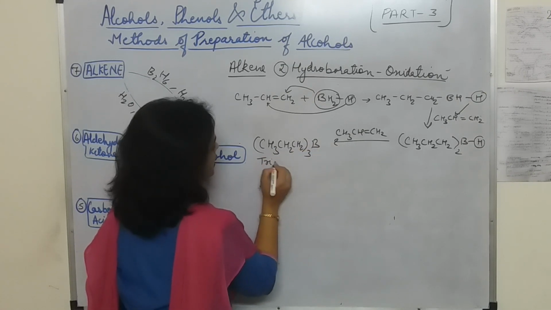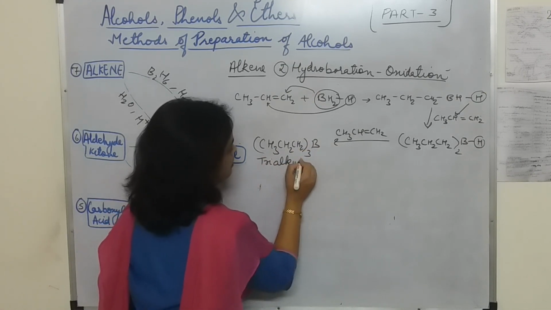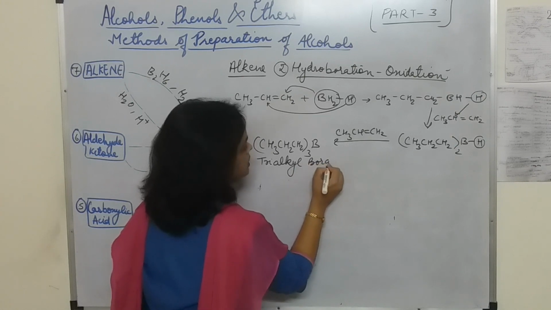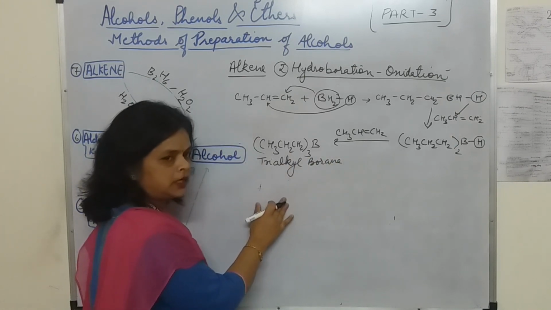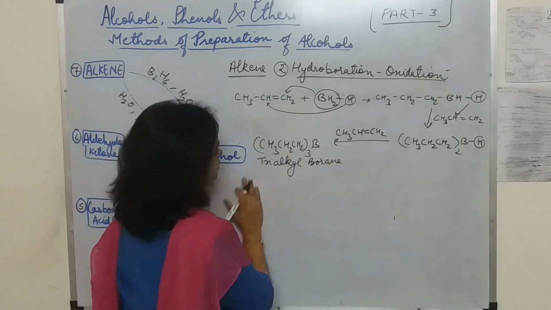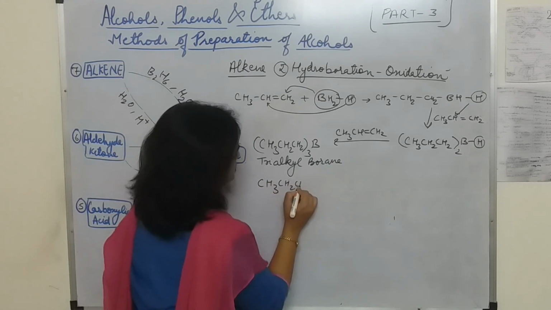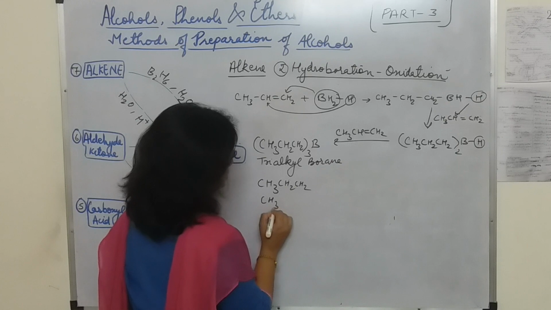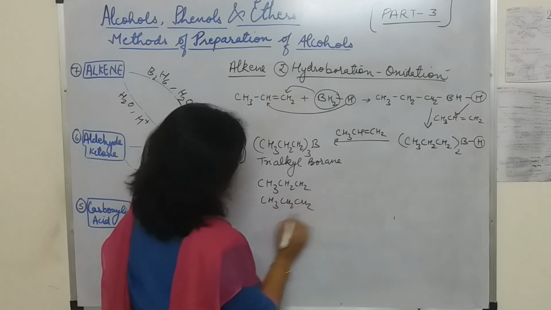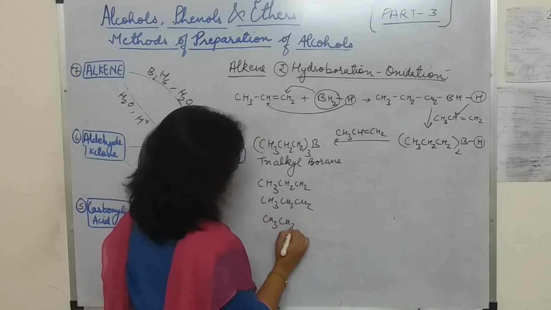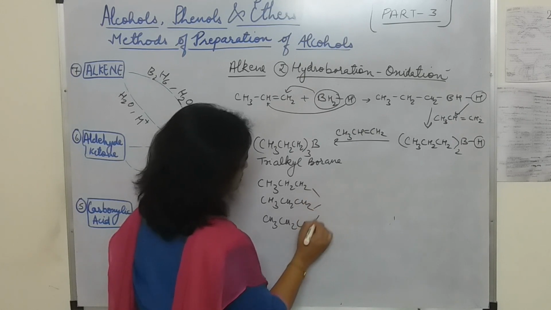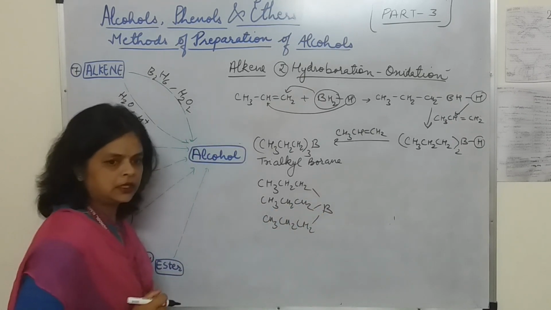This is trialkyl borane. Now this trialkyl borane combines with H2O2. Let's see how. CH3, CH2, CH2, CH3, CH2, CH2, CH3, CH2, CH2. This is trialkyl borane.